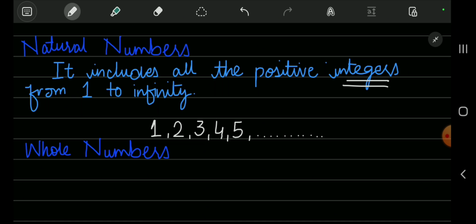You know about the integers. If you don't know, you can go to our channel, and the very first video explained what integers are and which numbers are included in it, so you can refer to that as well. Otherwise, briefly we'll also discuss it in this video after these categories. So the numbers starting from 1 up to infinity are called natural numbers.